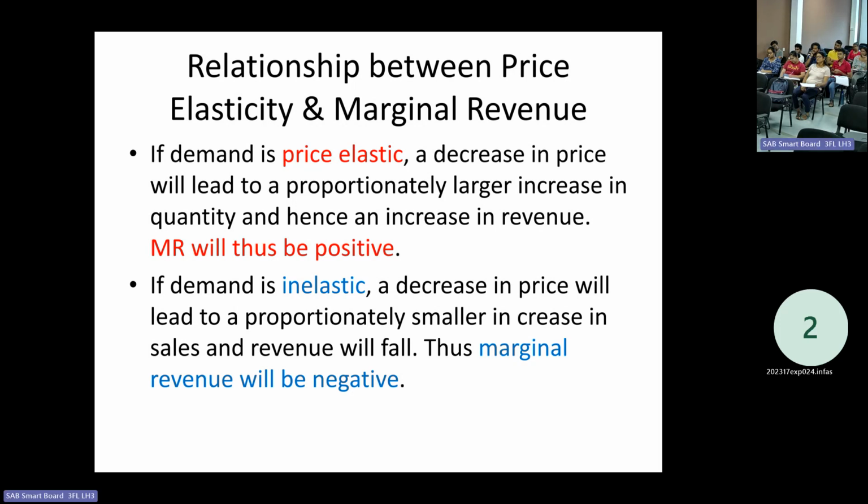Now we have two cases: price elastic and price inelastic. If there is elastic demand, we need to decrease the price. That decrease in the price will lead to a proportionately larger increase in the quantity demanded, because there is a high sensitivity between the price and the quantity.